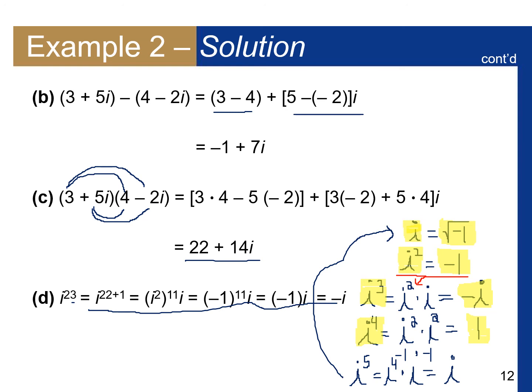But what I'm going to say is take that number 23, divide it by 4, and when I divide it by 4, it'll go in 5 times, and we really don't care how many times it will divide into the number. What we do care about is the remainder. And my remainder is 3.